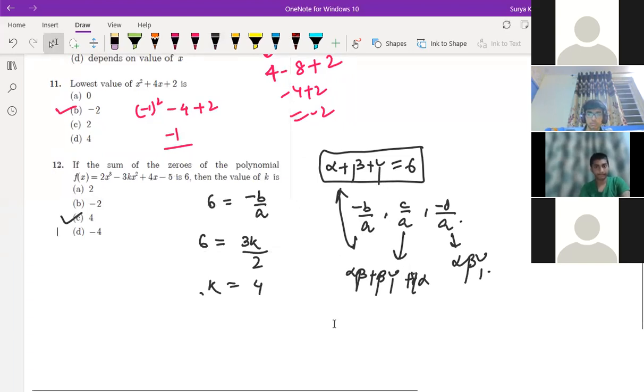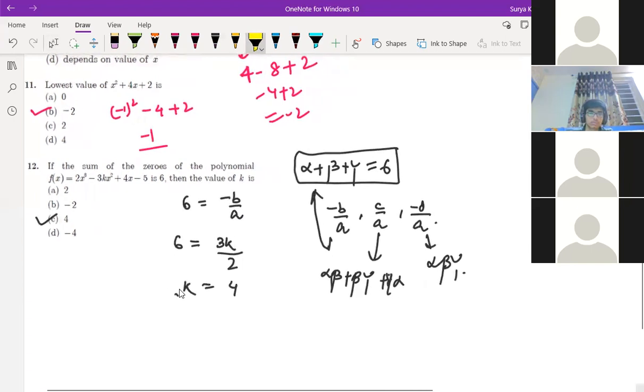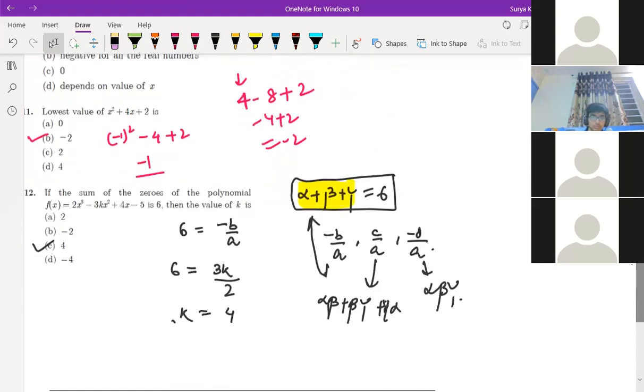Sir, can you once again explain? See, you have not read this cubic polynomial. In a cubic polynomial, we are having three equations. One is alpha plus beta plus gamma, whose formula is minus B by A. Second one is alpha beta, beta gamma, and gamma alpha.